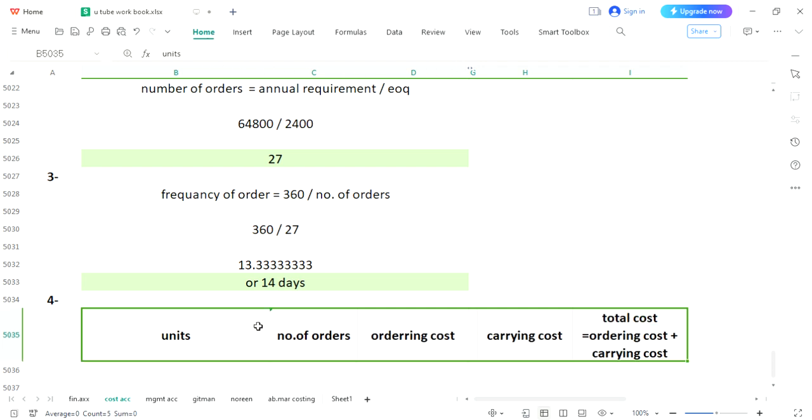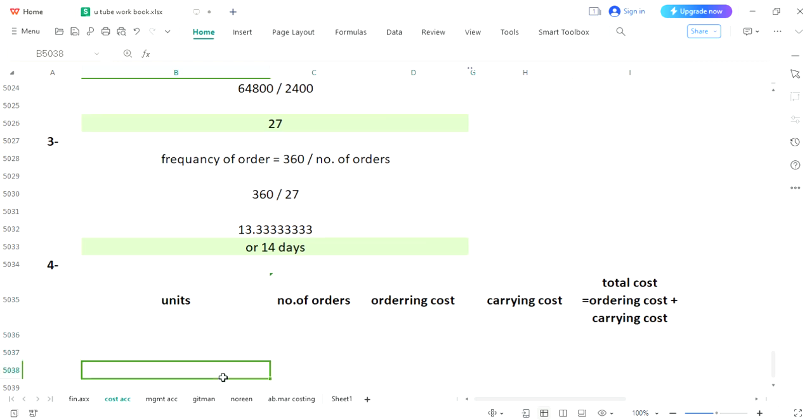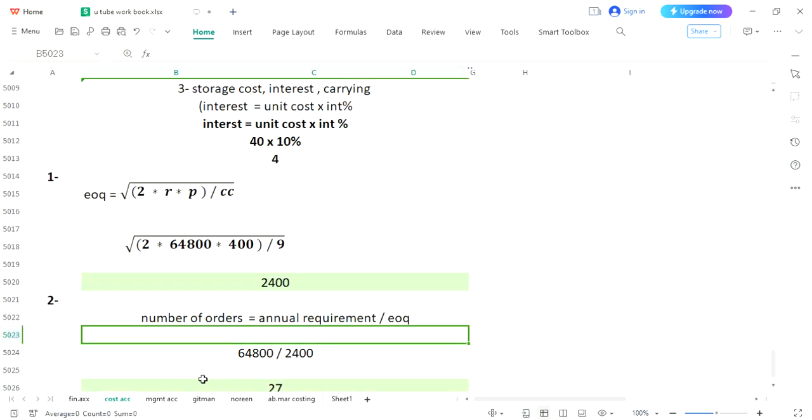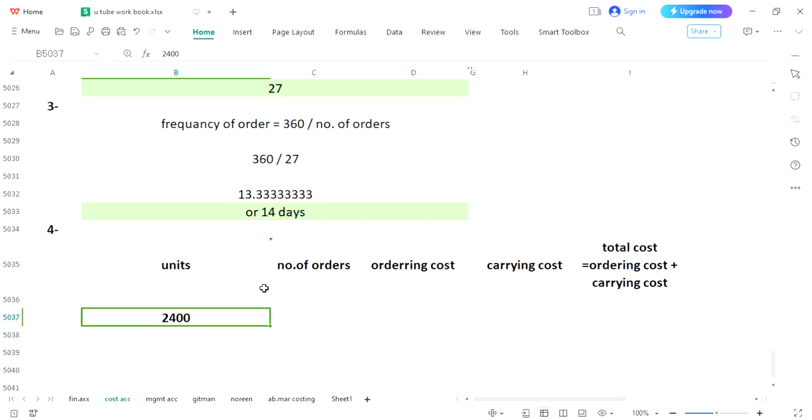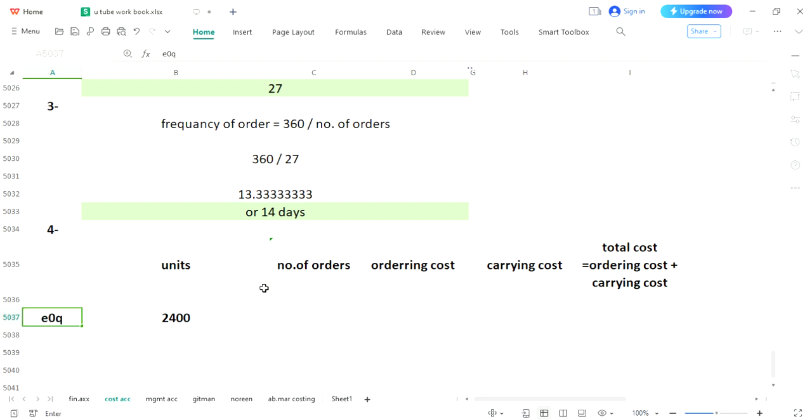So now our target is, we will calculate carrying cost and ordering cost for 2400 units. How did we calculate? How did we mention it 2400? Since our economic order quantity is 2400. So it is EOQ, and here you can write supposed economic order quantity in terms of less.